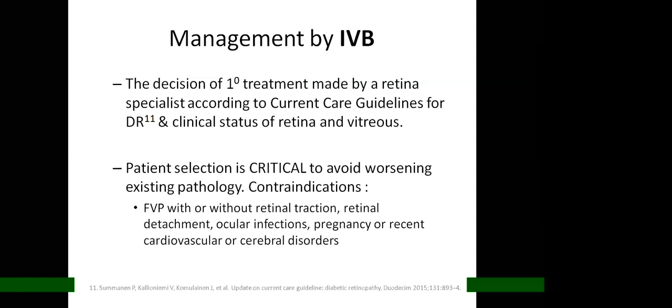So the decision of whether to observe, whether to do laser, whether to do vitrectomy, or whether to use an anti-VEGF agent was made by a retina specialist after examining the patient thoroughly, establishing clearly the cause of the vitreous hemorrhage, the proliferative retinopathy, assessing the retina, both by fundoscopy or by ultrasonography. That decision is made by a retina specialist.